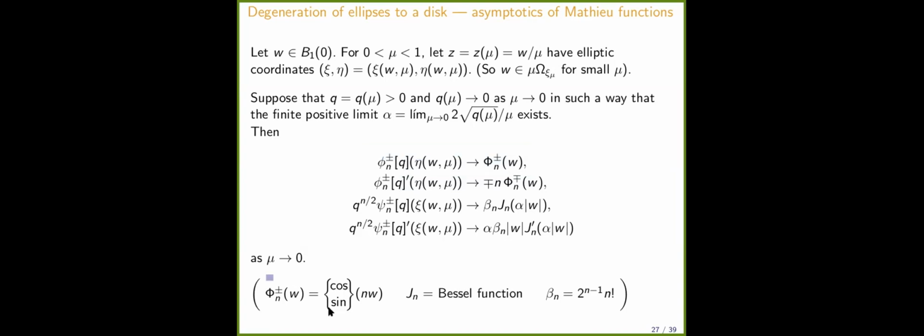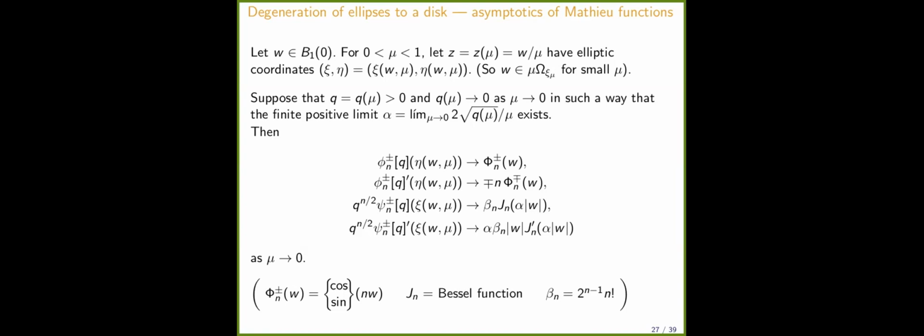So this notation is that the capital phi is cosine and sine, and the modified or the hyperbolic ones are asymptotic to, with exactly a factor of Q of n over 2, which is what was hard to understand in the literature, a multiple of the Bessel function, taking into account the limiting value of the ratio between the square root of Q and the mu.